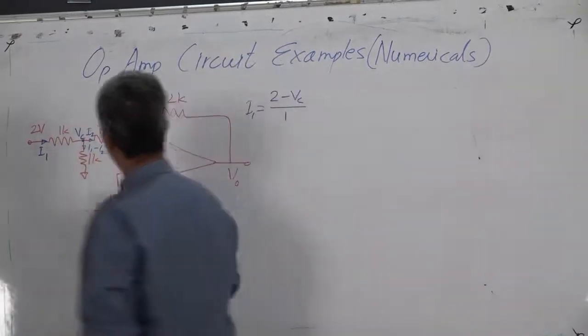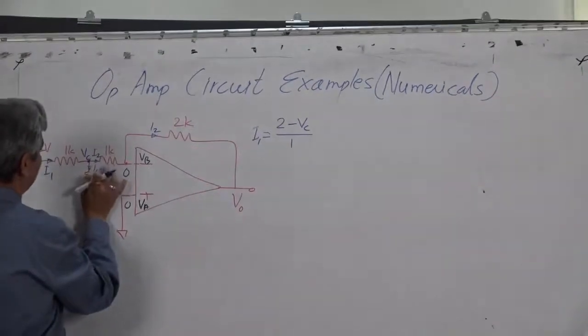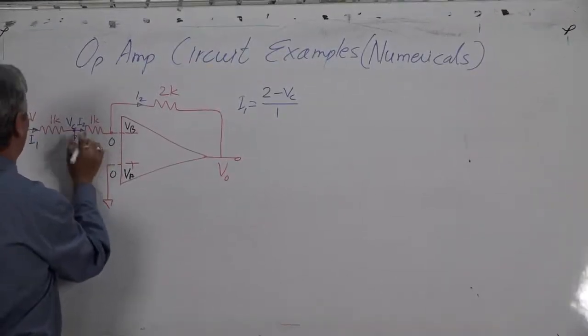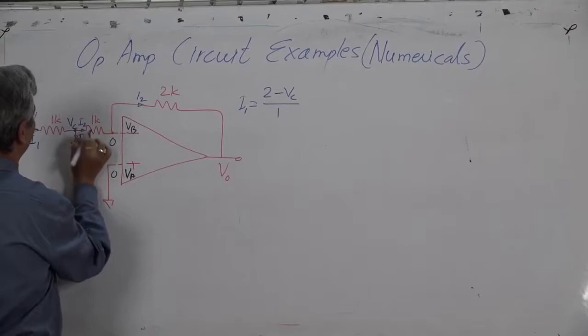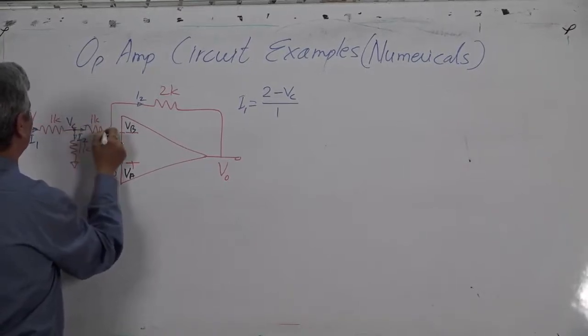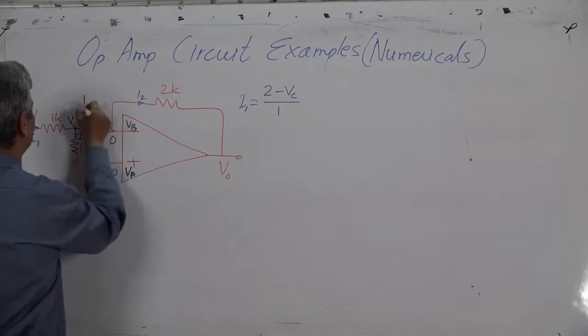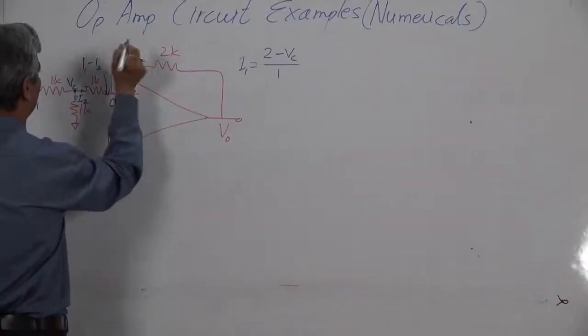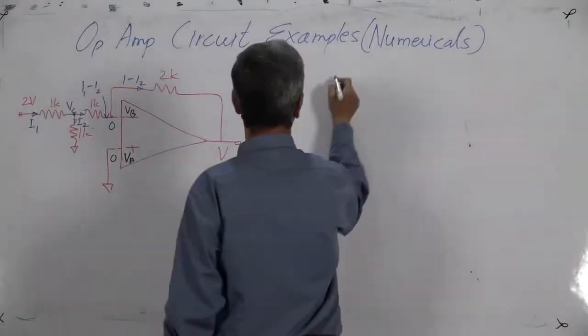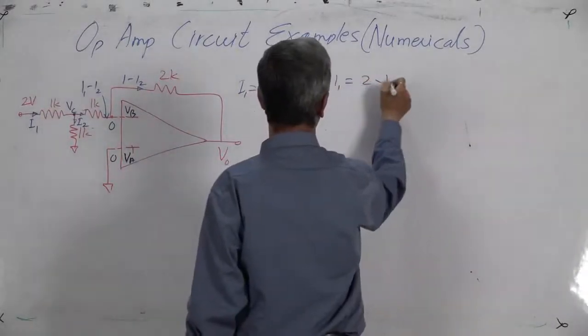Now what do we do? Instead of assuming this, it is better to assume this as I2. This as I2, and then this would be I1 minus I2 and I1 minus I2. What is I2? I1 is 2 minus Vc by 1, means I1 is equal to 2 minus Vc.